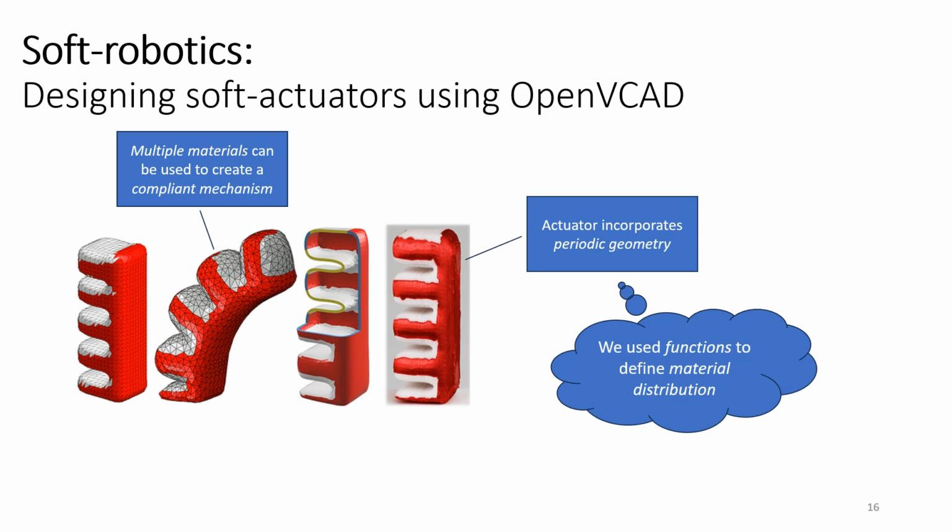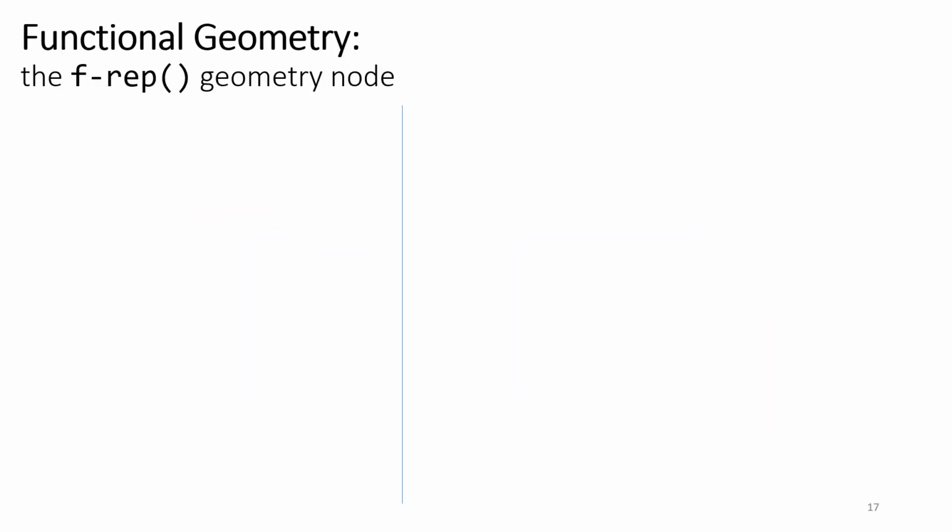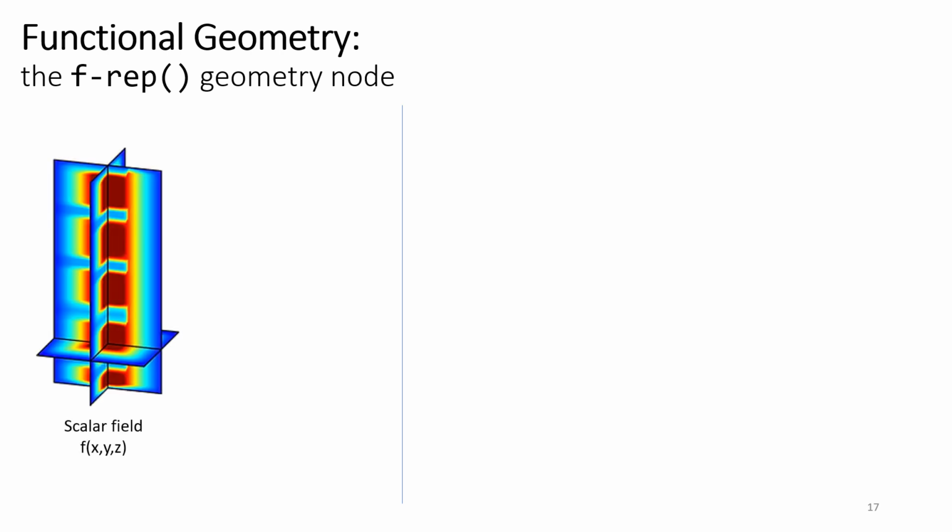And then on top of that, we also want the material distributions to be periodic, right? So that same function that defines the geometry can be tweaked just a little bit to actually represent the material and the geometry. So actually putting that into practice, we provide what we call the FREP geometry node, or the functional representation. This is a scalar field, right? So defined here on the left, the different colors represent the distance to that surface, right?